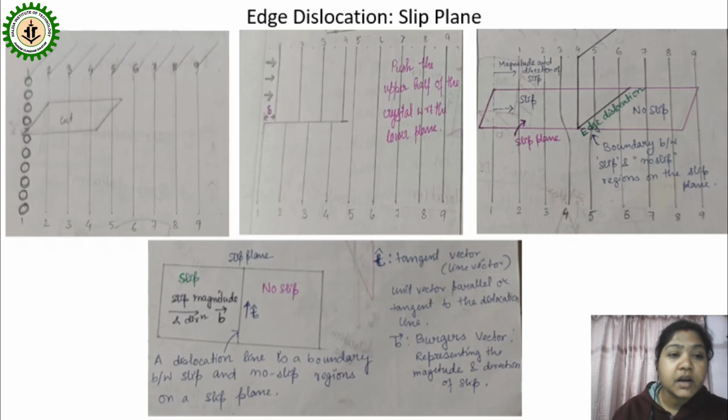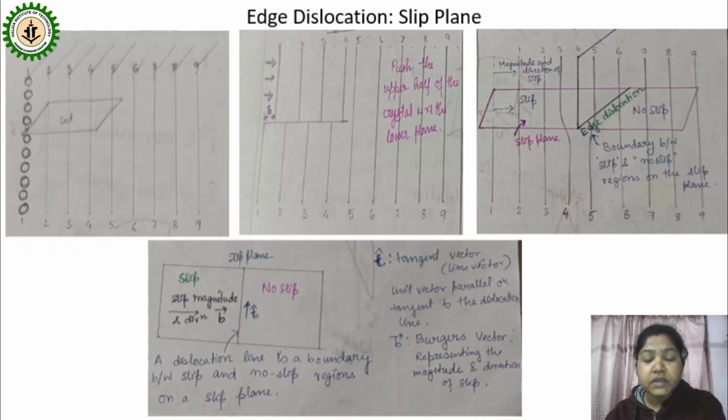Now if you cut it as shown in the picture, and slide that plane from 1 to 2 and 2 to 3, what will happen? Initially plane 1 is matched with plane 2, plane 2 will be matched with plane 3, plane 3 will match with plane 4, and the cutting portion happens up to plane 4.